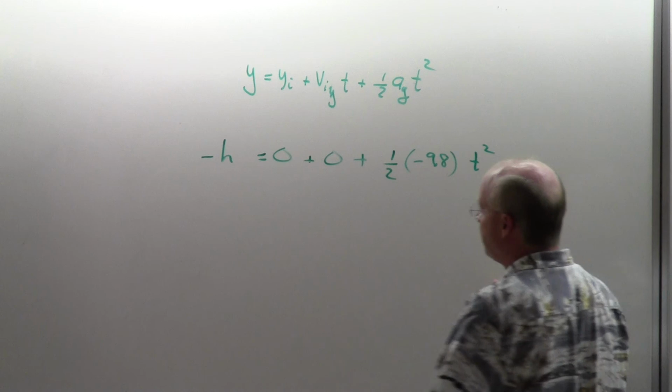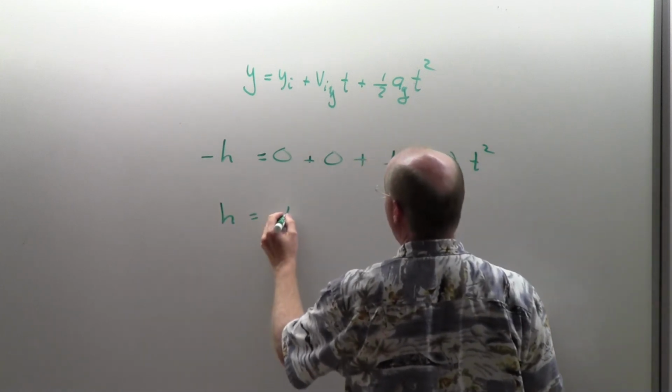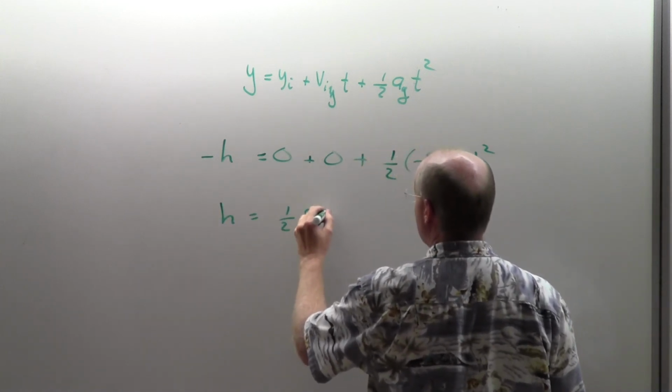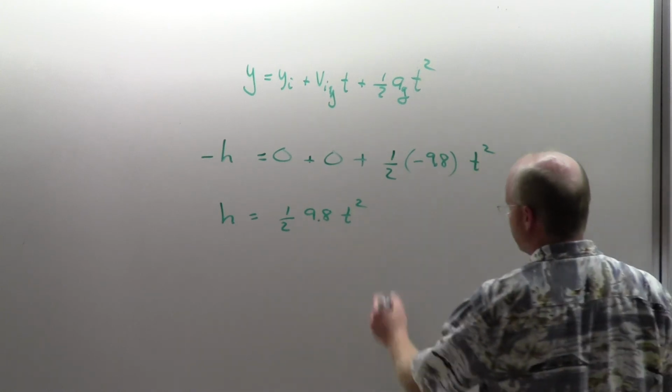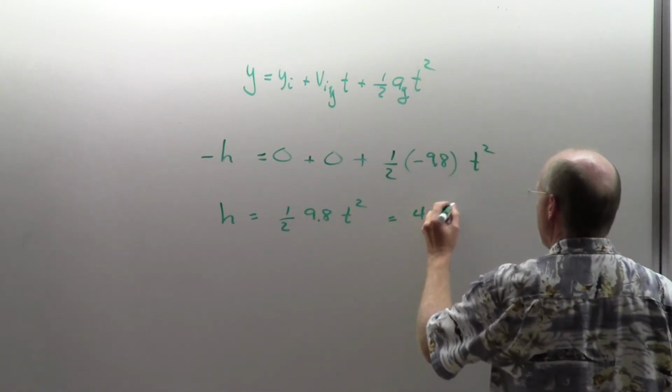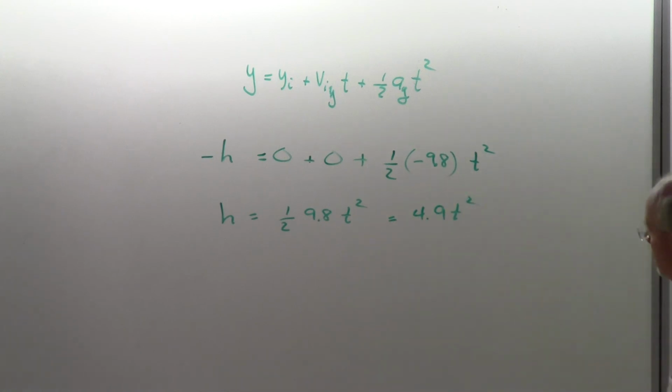And that's why the negatives show up on each side. And so had we called down positive, of course, we would have just started with that equation. But there is the equation for time.